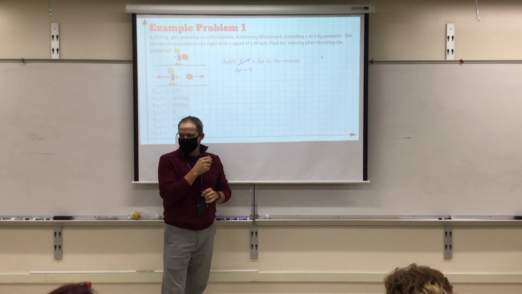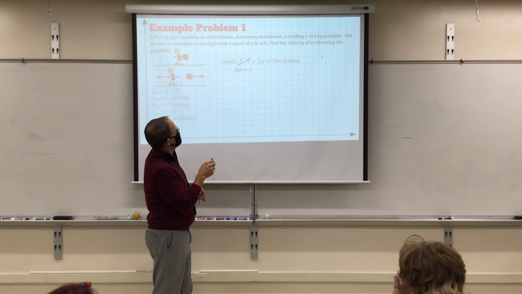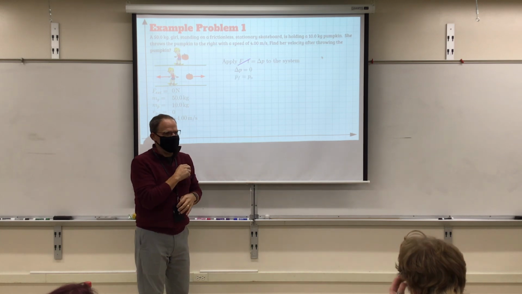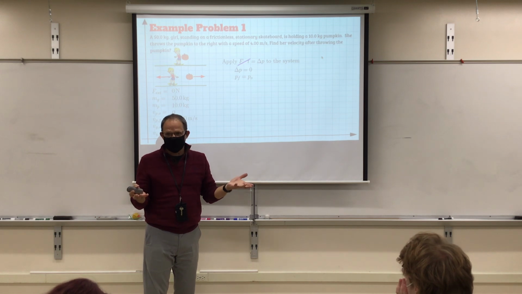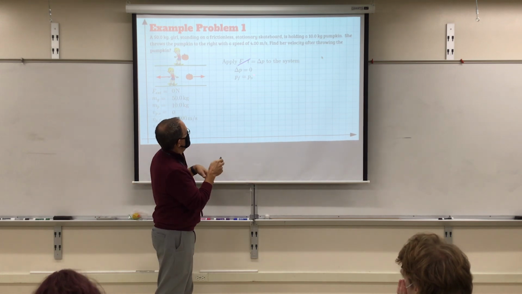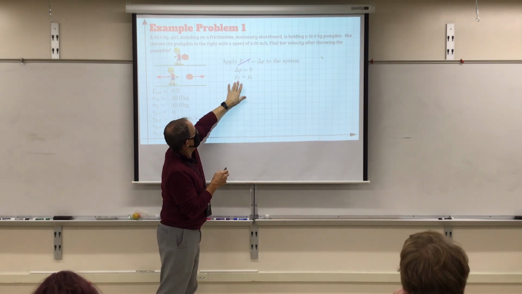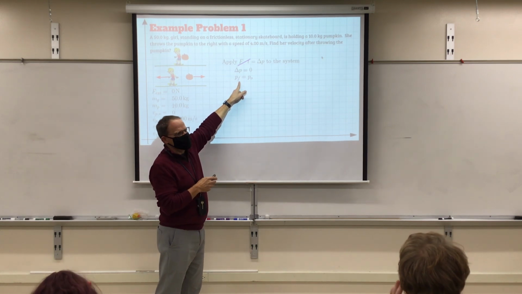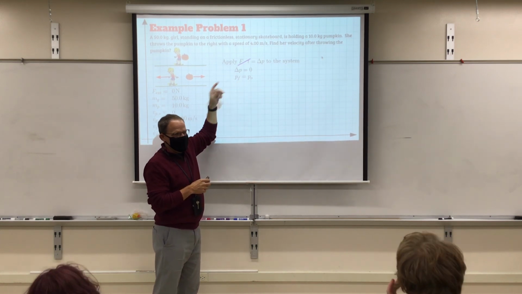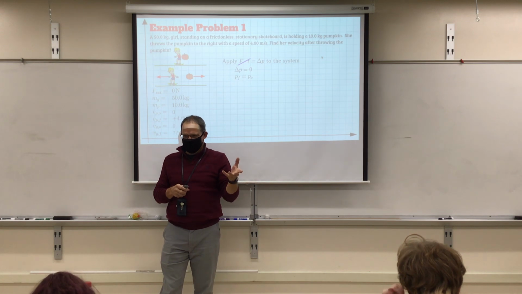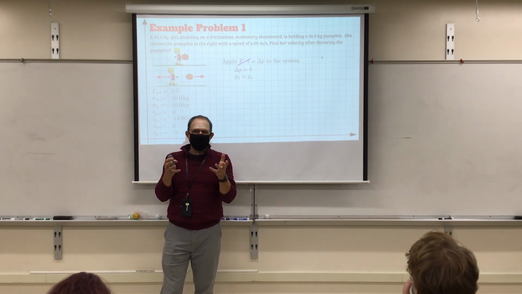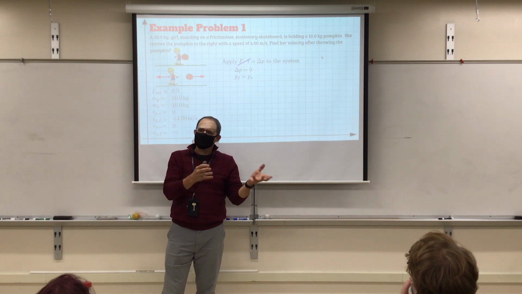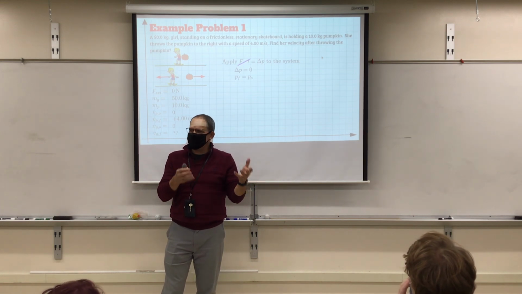You tracking with me here? If the change in momentum is 0, it means the final and the initial are the same. The difference is 0, so they're the same. If they're the same, I now need to write an expression for the final momentum. Momentum is mass times velocity. So I've got to take the mass of the pumpkin times the velocity of the pumpkin final, plus the mass of the girl times the velocity of the girl final.